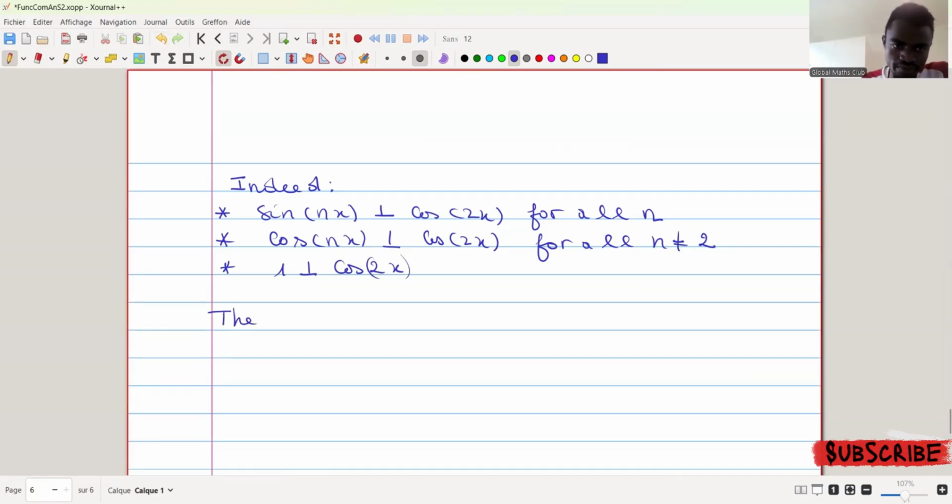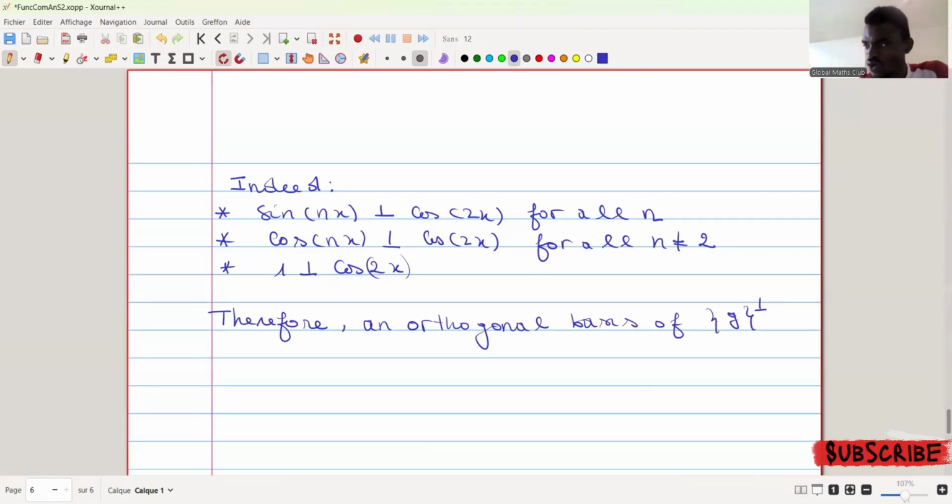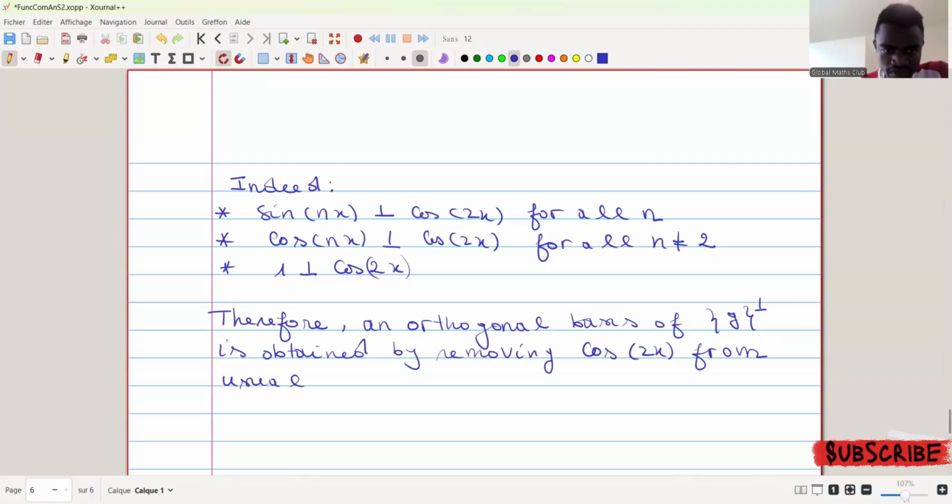Therefore, an orthogonal basis of the orthogonal complement of J is obtained by removing cosine 2x from the usual trigonometric basis.